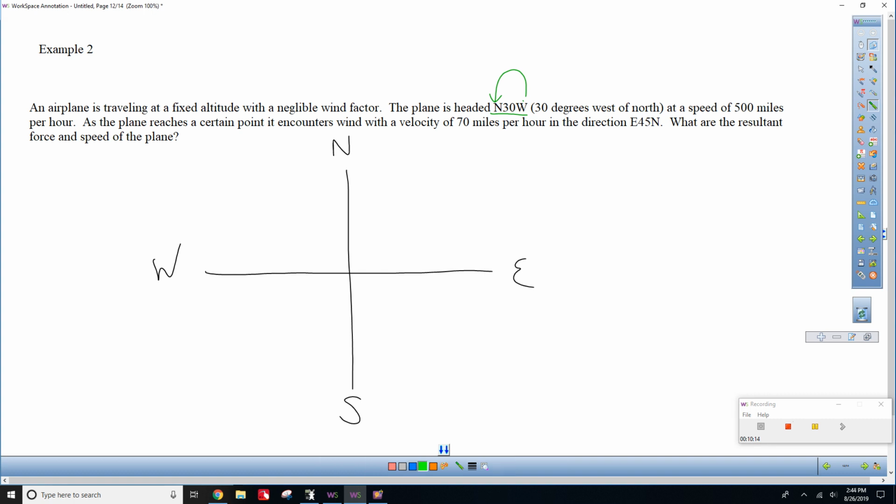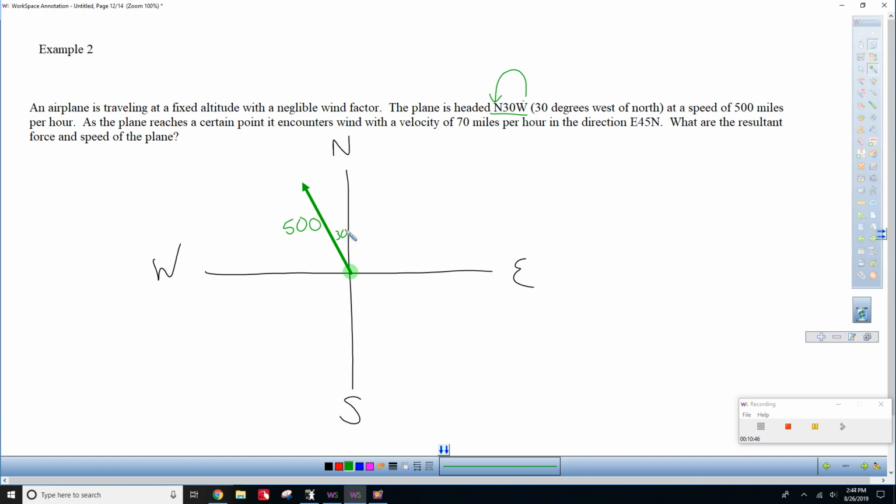And what we have is something like that, 30 degrees west of north, at 500 miles per hour. So the magnitude is 500. The angle creates a little 30-degree angle there. All right, we'll come back to that.